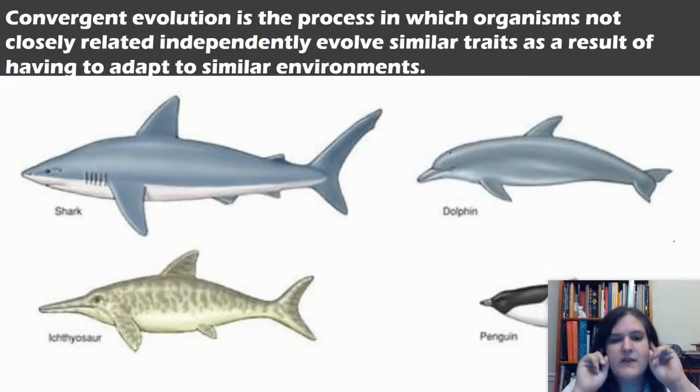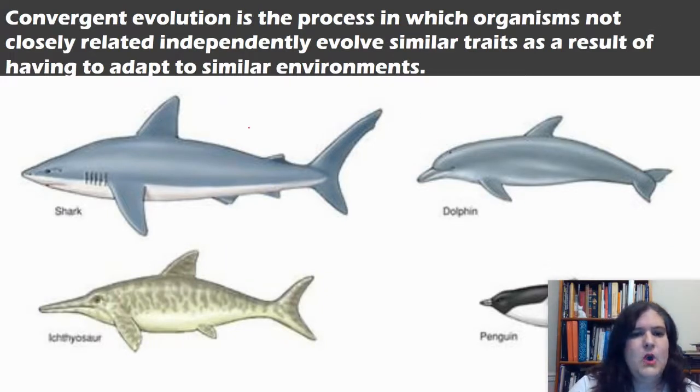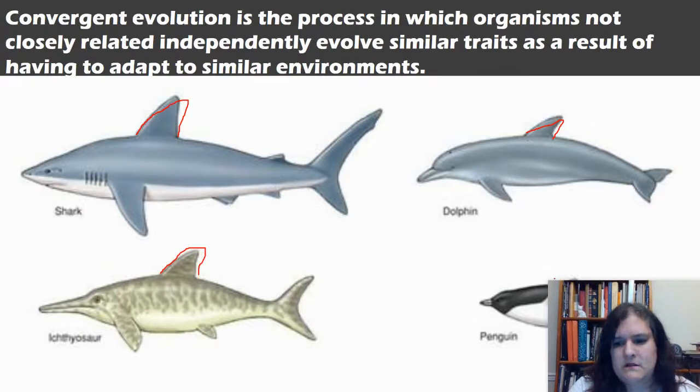So here we have different organisms that swim in the water. Notice they have some common features. The shark and the dolphin and the ichthyosaur, even the penguin, which you can't really see too well in this picture.